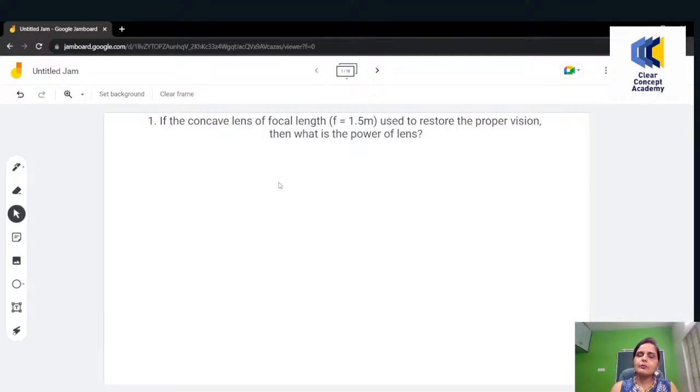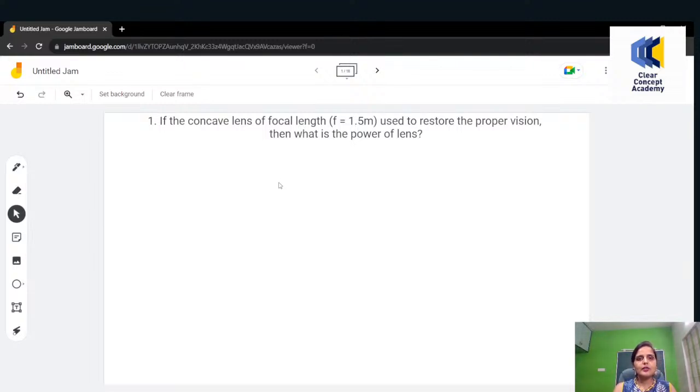The chapter just previous to this one is about spherical mirrors and lenses. We've already discussed lenses in detail, and in this chapter we learn to apply our understanding of lenses.